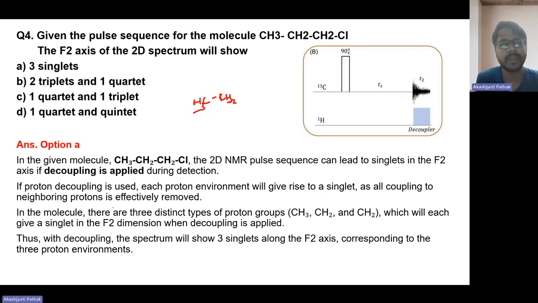As all coupling is effectively removed in the molecule, there are three distinct types of proton group: CH3, this methyl group, a methylene group, and another methylene group which is bonded to the chlorine atom, and each of these will give a singlet in the F2 dimension when decoupling is applied. Thus, with decoupling, the spectrum will show three singlets along the F2 axis corresponding to three proton environments. Okay.